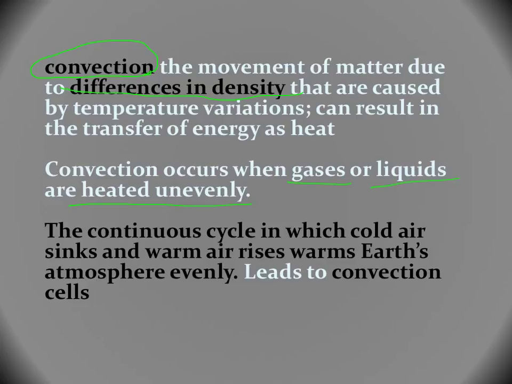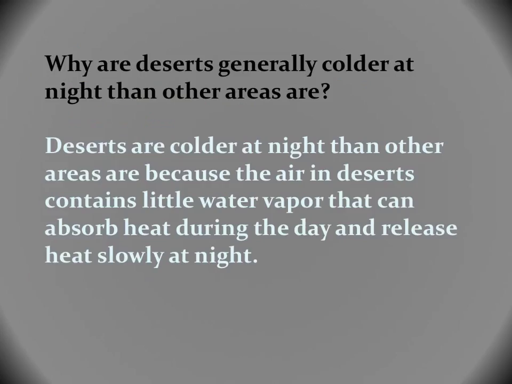And it's a continuous cycle of warming and cooling, cold air sinking, warm air rising, that heats and warms the Earth, and it leads to convection cells in the air, which are the same process as the convection cells in the Earth's asthenosphere driving plate tectonics, but this is in the air, and this really causes weather patterns, global weather patterns, global winds, and all that fun stuff that goes with it.